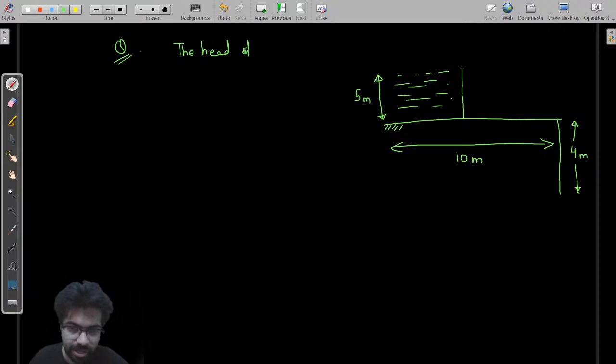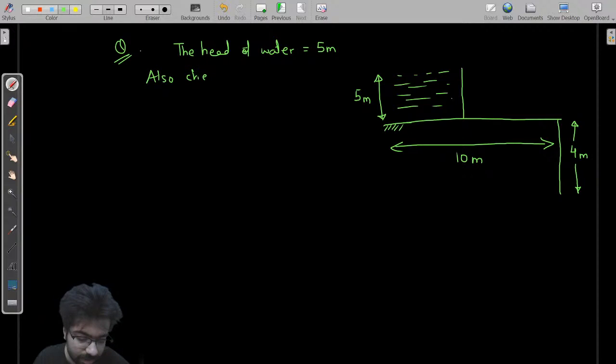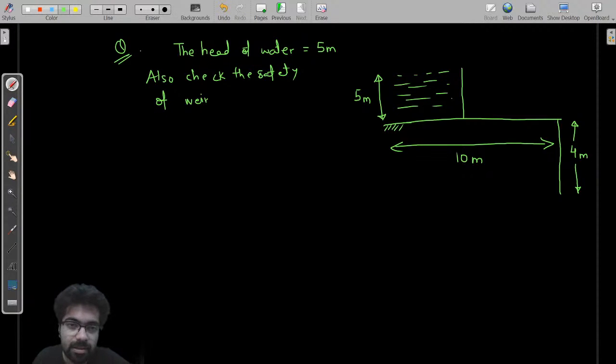Let me write down 4 options here. Also check the safety of weir with respect to undermining, if critical hydraulic gradient is given as 0.5.